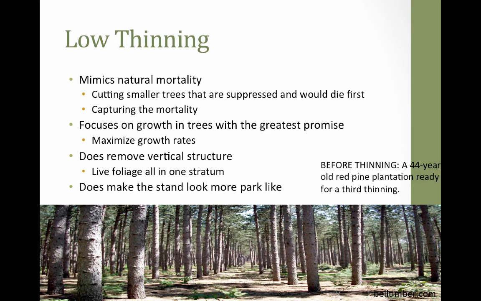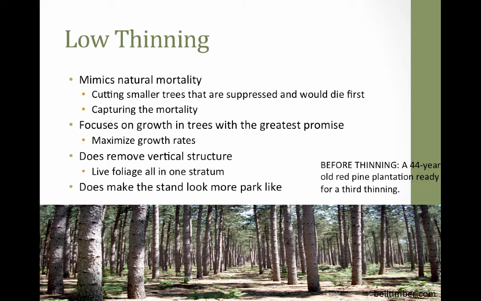There are many benefits of this type of thinning, but it does remove vertical structure. It keeps all that live foliage in one stratum and makes the stand look more park-like. Here's an example of a 44-year-old red pine plantation ready for a third thinning. This example is from Bell Timber, and Bell makes poles, telephone poles and other poles.